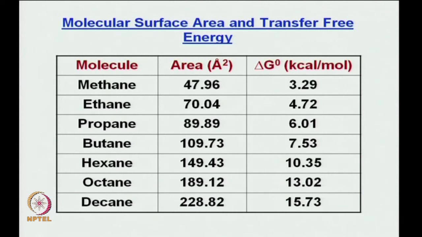I have intentionally omitted some other alkanes in between, just so that it fit here, but I guess it drives home the point. And you look at delta G0, remember delta G0 is a transfer free energy, and obviously the more the surface area, the more will be the transfer free energy.